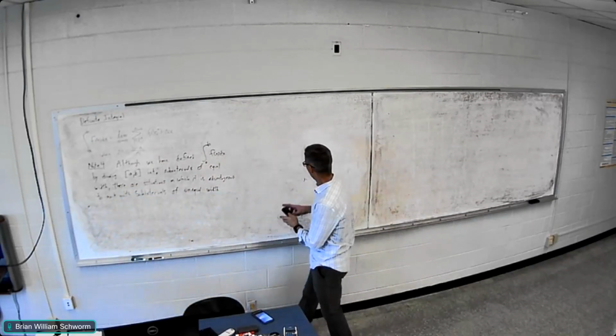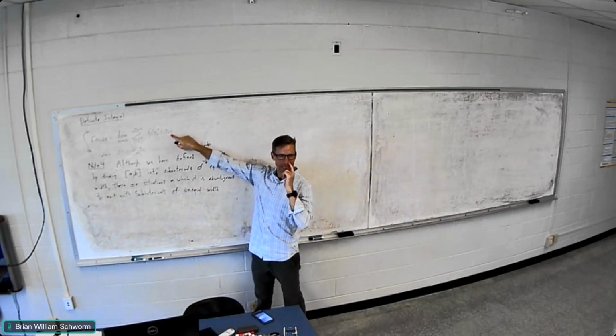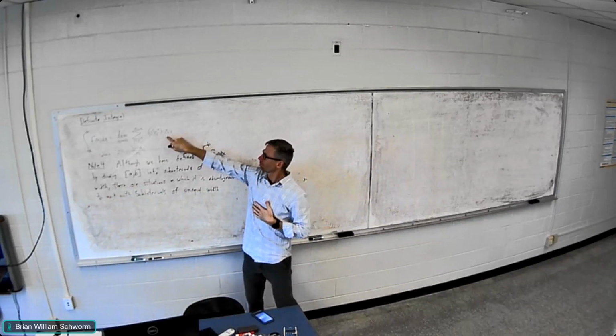So it's kind of wordy there, but it's just saying this definition, this delta x, is the width of the rectangles. And it's the same for every single one.